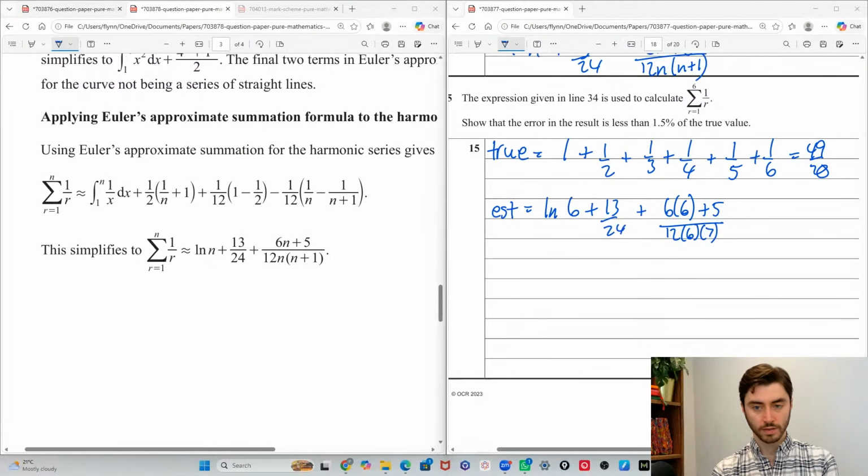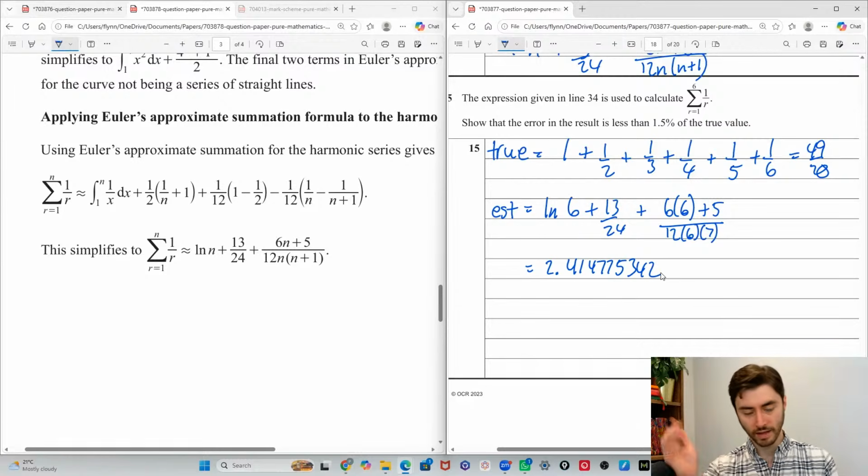So ln 6 plus 13 over 24 plus 36 plus 5 all over 12 times 6 times 7. So that is apparently 2.41477532, this thing.